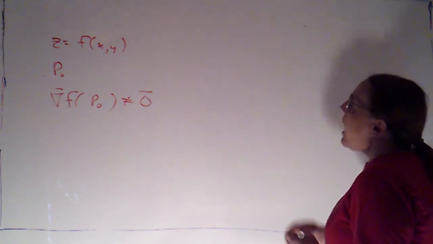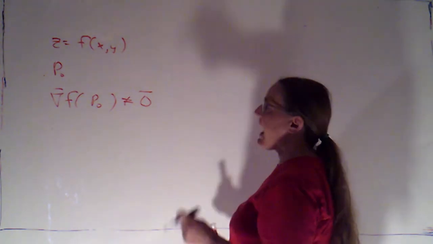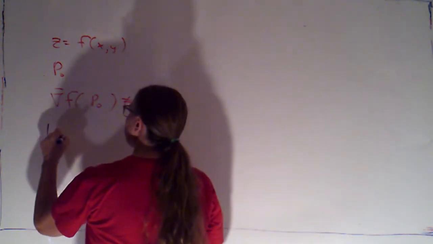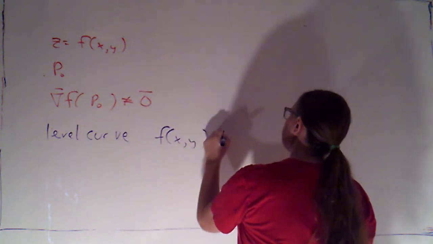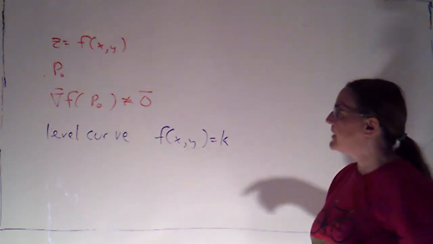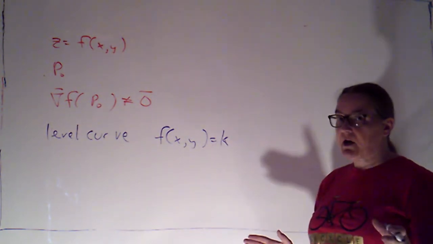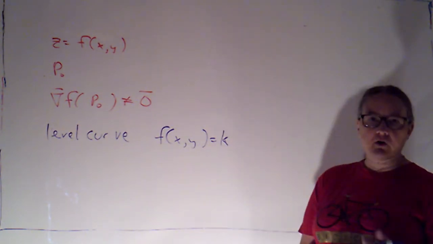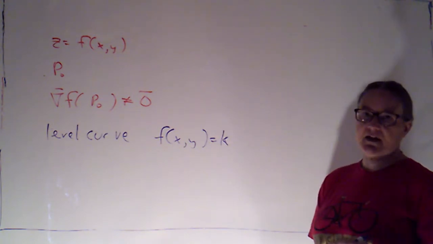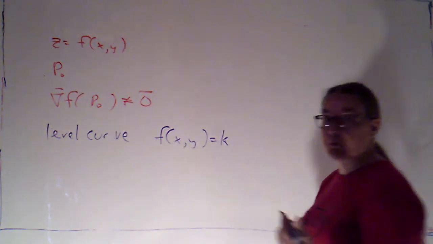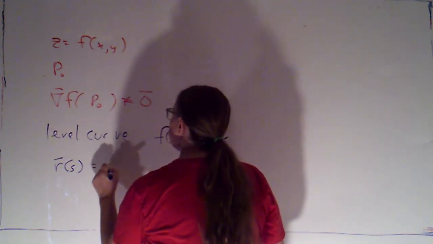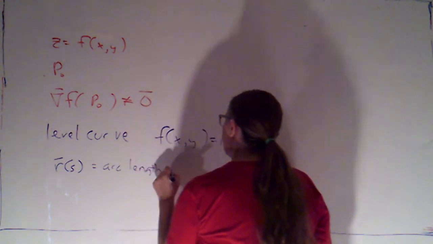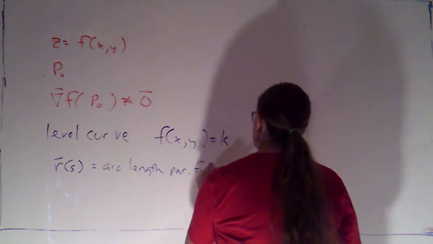All right, so let's suppose I took a look at a level curve, f of x, y equals k. Now I'm going to just suppose that my level curve can be smoothly parametrized, which means I could get an arc length parametrization for it. So r of s is my arc length parametrization for the level curve.